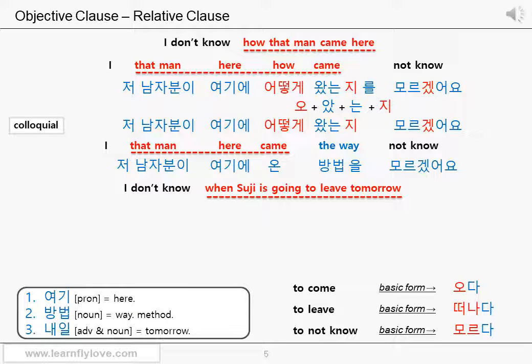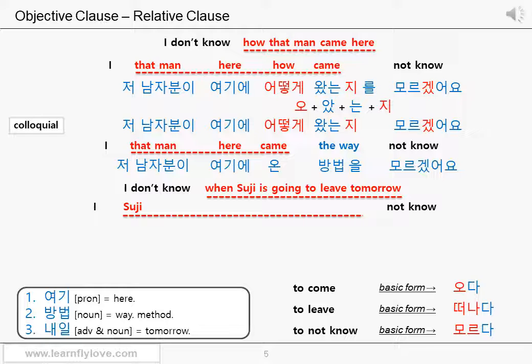I don't know when Suji is going to leave tomorrow. Let's rearrange the words first. The subject I comes first. The entire when Suji is going to leave tomorrow comes right before the predicative part, not know, as an object. We need to rearrange the words in the relative clause. Suji is the subject of the clause, therefore it comes first.